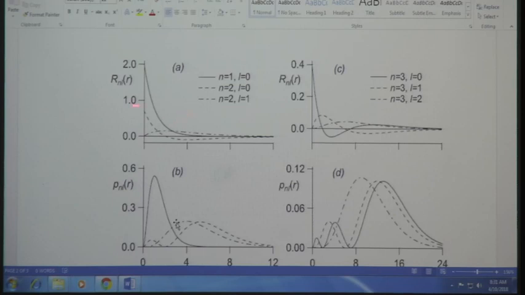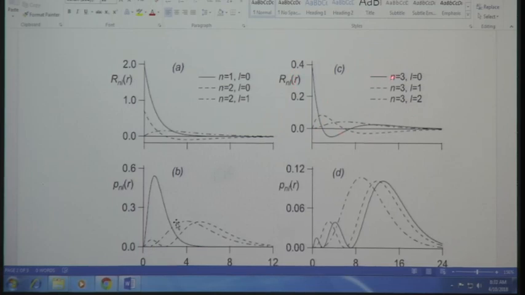Here, for this dash function, n equals 2, l equals 0. The number of nodes is n minus l minus 1, which is 1. So this wave function has one node. You observe this here as well.